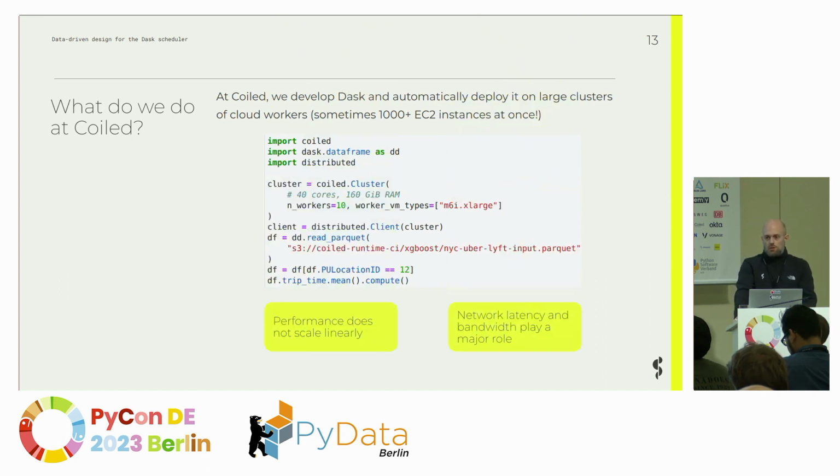What are the challenges here? Well, first of all, performance does not scale linearly. When you have hundreds of gigabytes, terabytes of data, tens, hundreds, thousands of EC2 instances that need to communicate with each other peer-to-peer, you do not see linear scaling in performance.